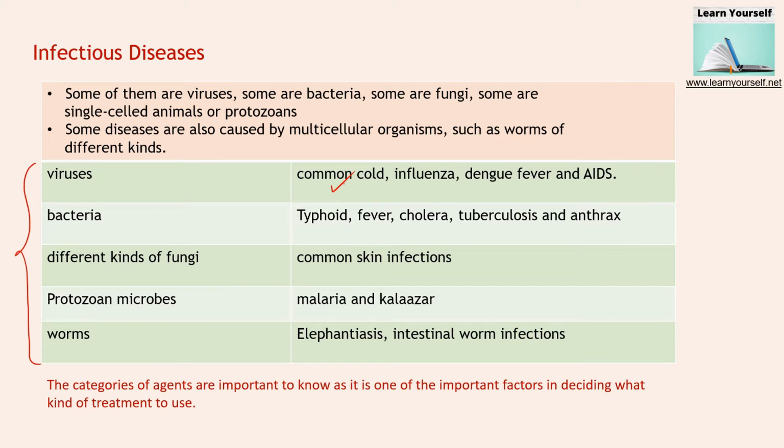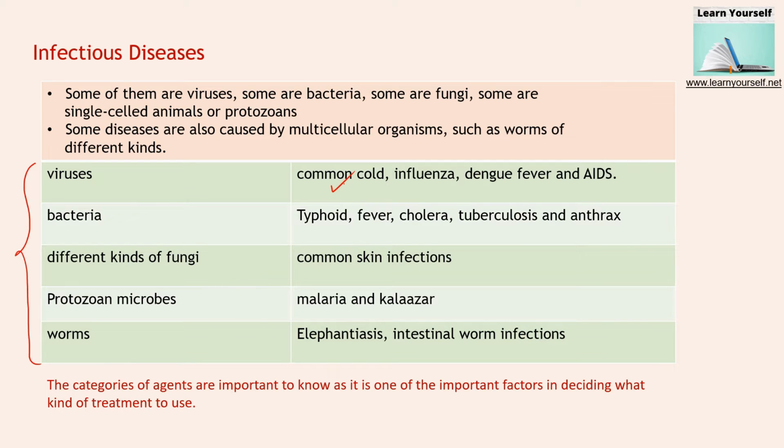The categories of agents are important to know, as it is one of the important factors in deciding what kind of treatment to use. Now, if we have a common cold or if we have typhoid, then the mode of treatment will differ, because we got the common cold through viruses, whereas we got typhoid fever through bacterial infection.